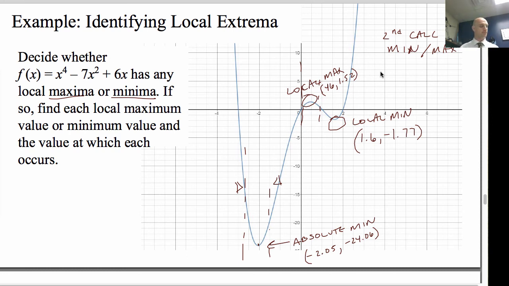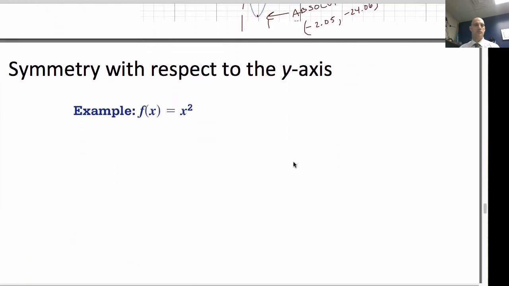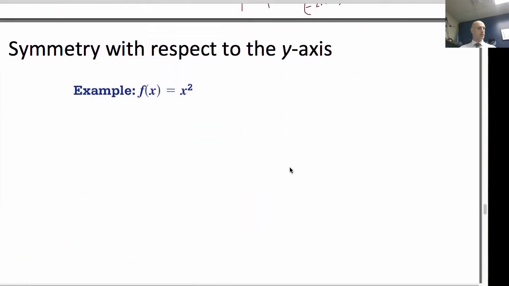Okay. One more topic: symmetry. Symmetry is, can I fold it in half? Okay, in this case, symmetry to the y-axis is, can I fold it in half over the y-axis?